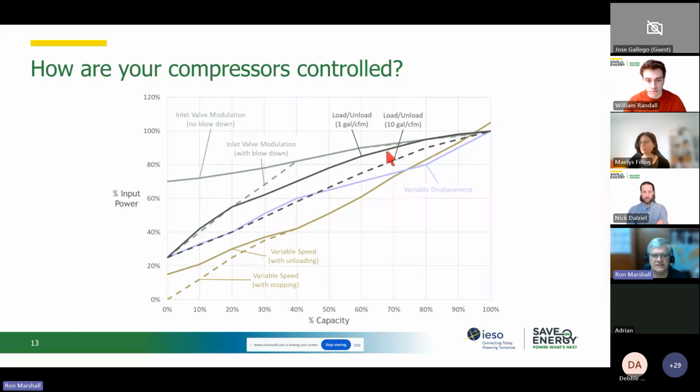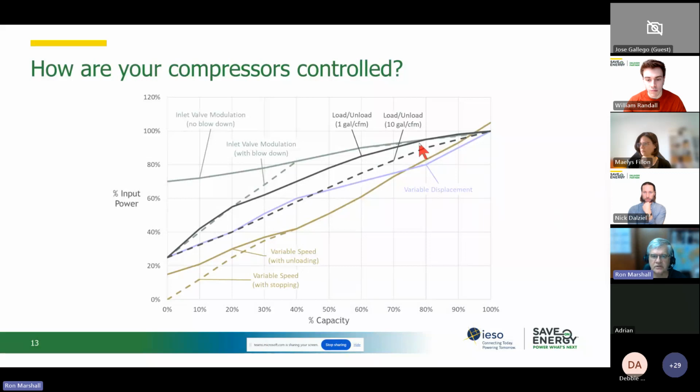And what these lines are trying to tell us, right? We've got input power here and flow capacity here. It's trying to tell us how much the power will reduce as you start to part load that compressor, right? So if you're interested in having your supply side running at maximum efficiency, you'd want to choose a mode of operation for your trim compressor if there's only one, or trim compressor if there's multiple compressors, right?